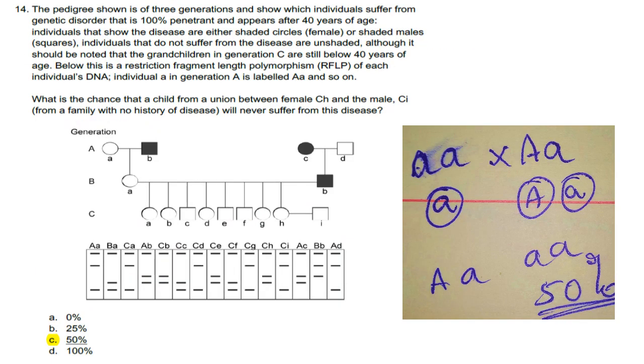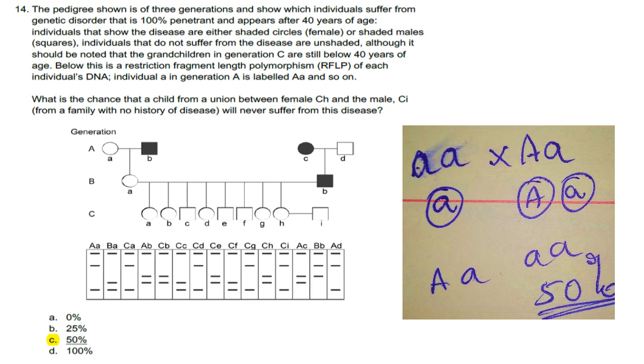Then next one. The pedigree shown is of 3 generations and shows which individuals suffer from genetic disorder that is 100% penetrant and appears after 40 years of age. Individuals that show the disease are either shaded circles or shaded males. Individuals that do not suffer from the disease are unshaded. Although it should be noted that the grandchildren in generation C are still below 40 years of age.